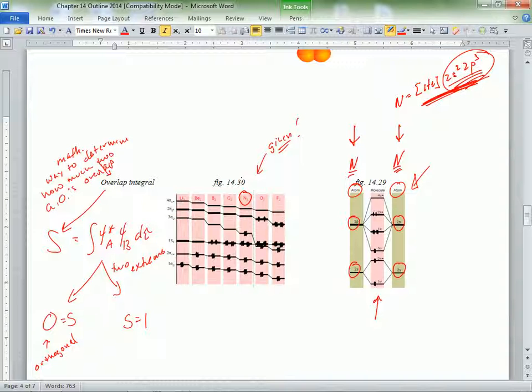What's the word for that? How do I say that? If 2 diatomic molecules have the same number of valence electrons, what is that called?